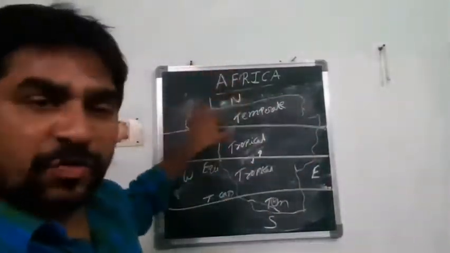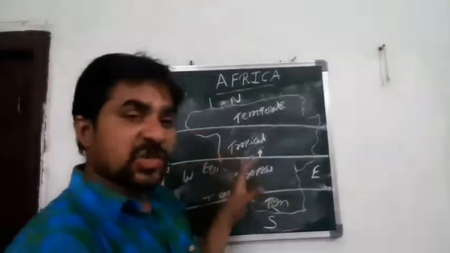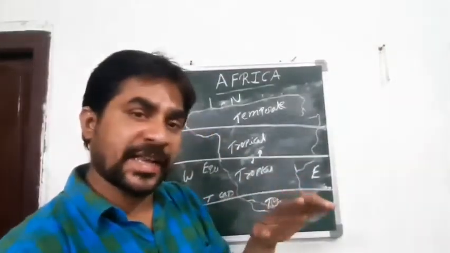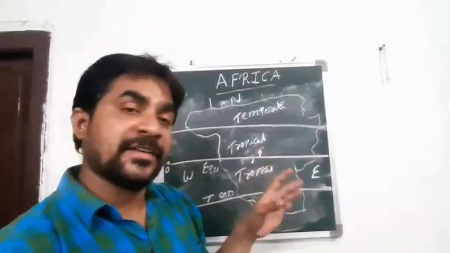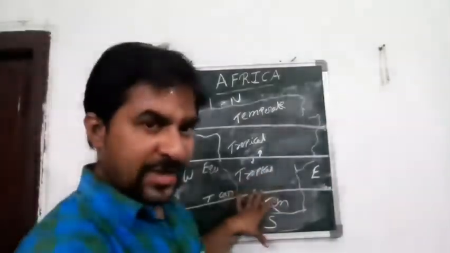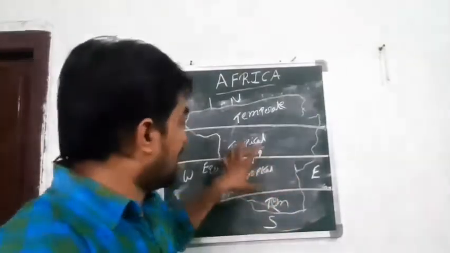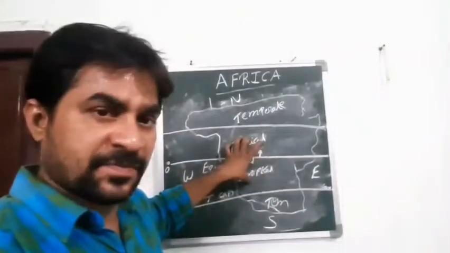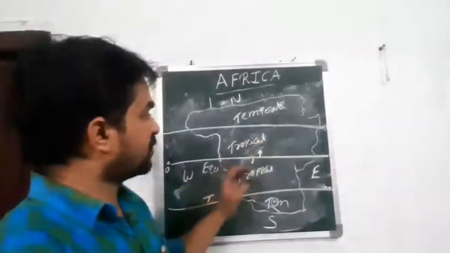So what are the tropics and what is the temperate zone? The tropical areas, between 0 degree to 23.5 degrees north and 0 degree to 23.5 degrees south, are called the tropics. These areas have high temperatures because the sunlight falls straight onto the earth.